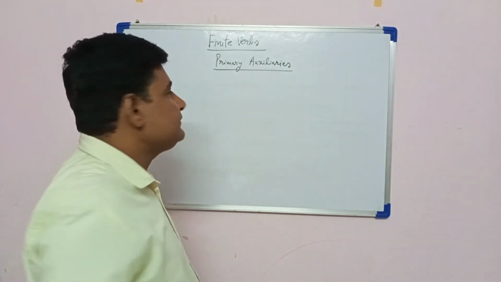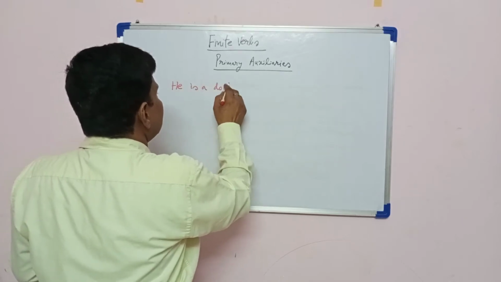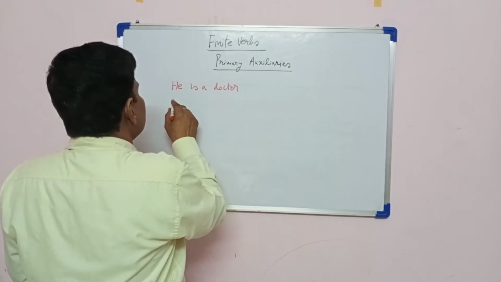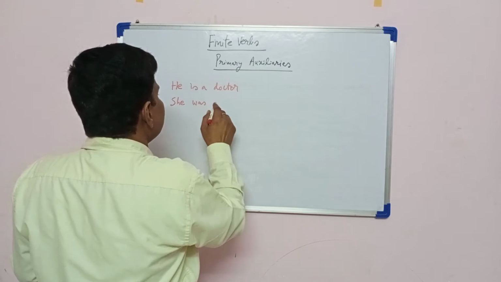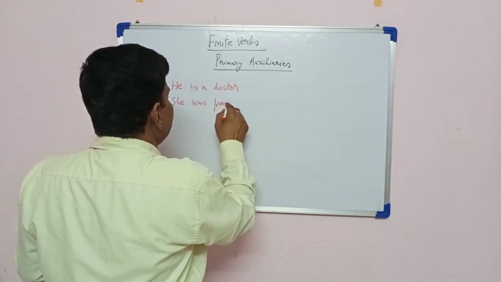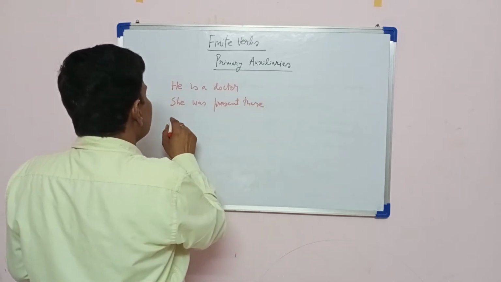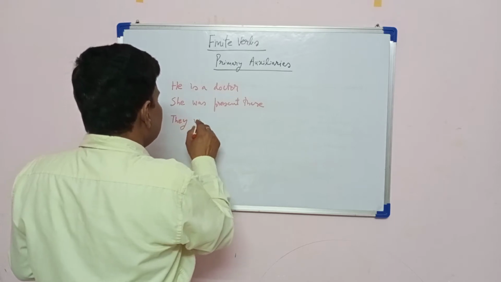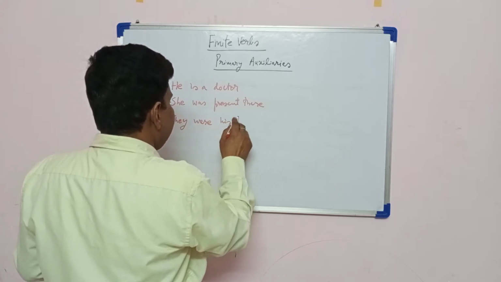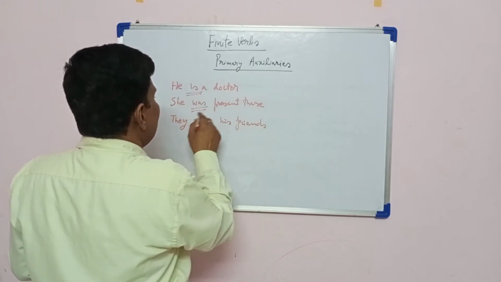If there is a sentence, he is a doctor, she was present there, they were his friends. Here you can see is, was, were.